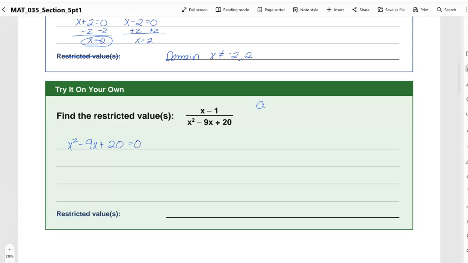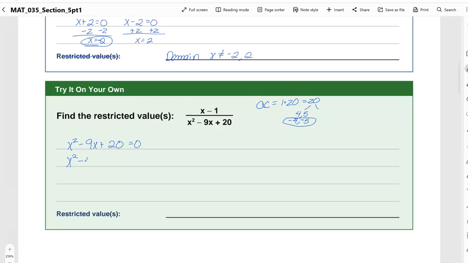We're going to use our AC method: 1 times 20 is 20. 20 factors into 4 and 5, or negative 4 and negative 5. If you need to write a few more factors out to find the combination that gives you the middle term of negative 9, that's fine. Negative 4 and negative 5 is our winner.